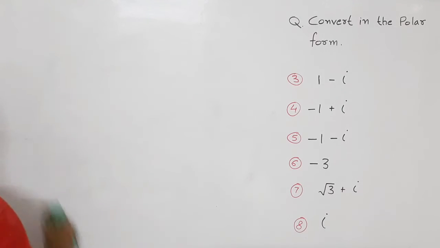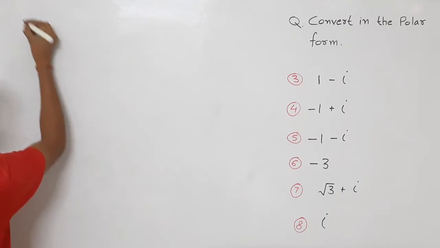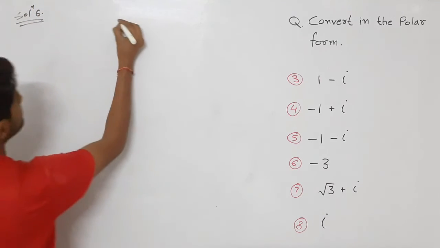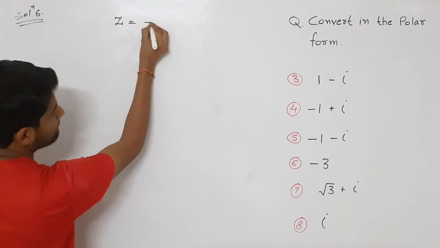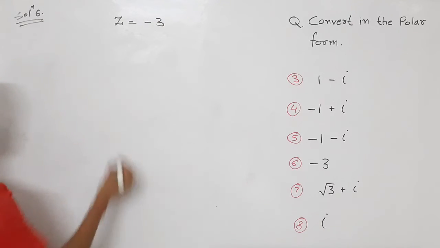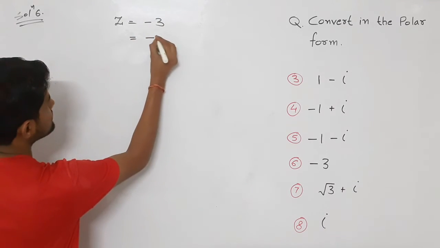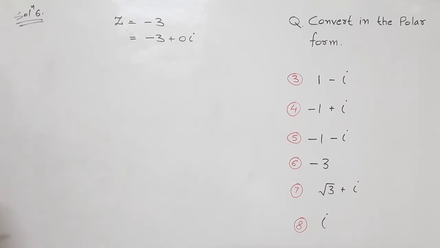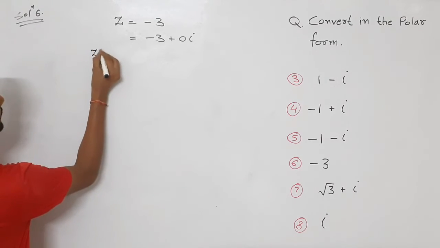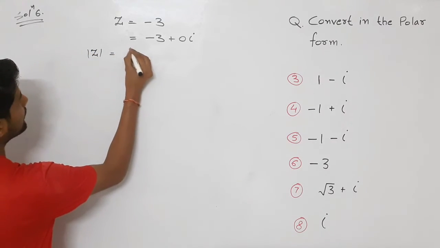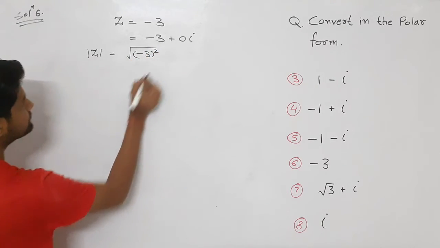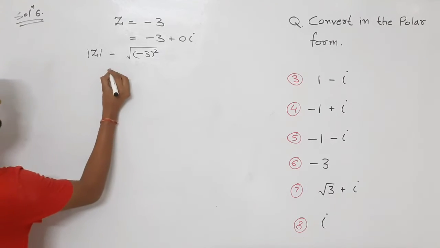So in sixth question we have -3. Or I can also write it as -3 plus 0 iota, right? So modulus of this complex number will be under root of -3 whole square plus 0 square.